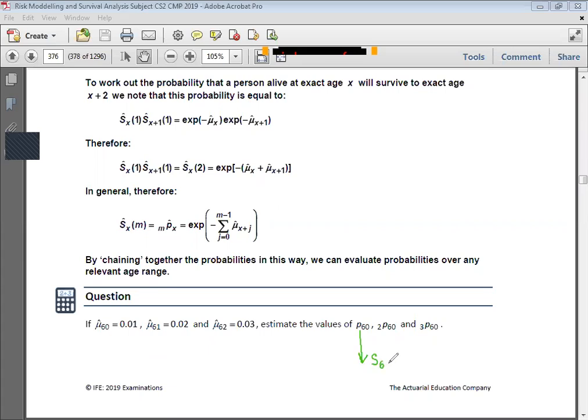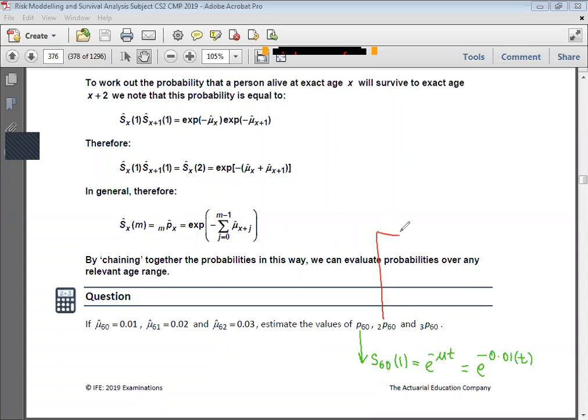So this will be S of 61, right? And I know that I can rewrite my survival function as e raised to minus mu t. And if my mu is being given to me, and if I also know my t, what will I have? So my t is just 1 and my mu is 0.01. So this is going to be 0.01 times t. And that will be your value for P60.